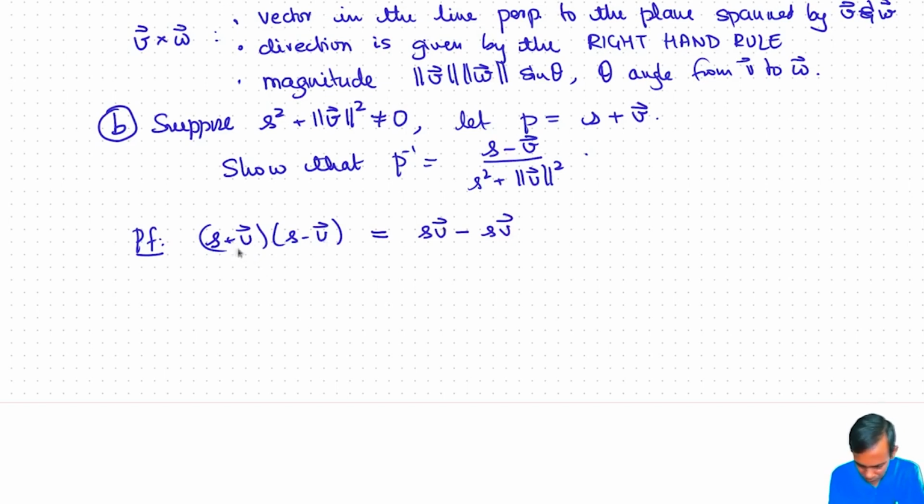S commutes with V because the identity matrix commutes with everything. And then we have S squared, of course, and then we have the term V dot V, and minus V cross V.